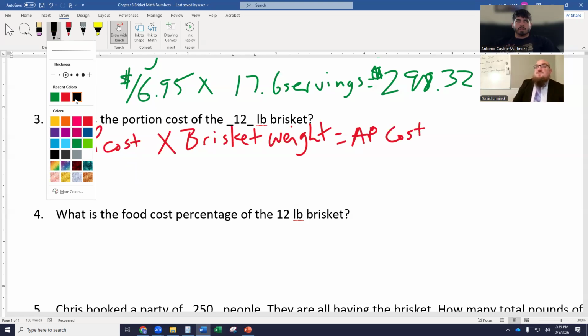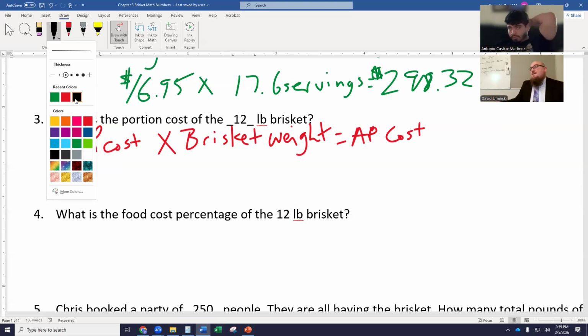Think about it. You go to HEB and you buy a package of chicken. Is every package of chicken the same weight? No, but they all have the same price per pound, $2.50 per pound.